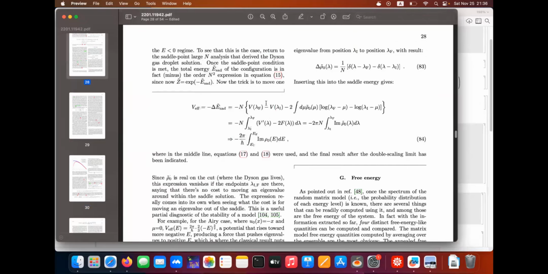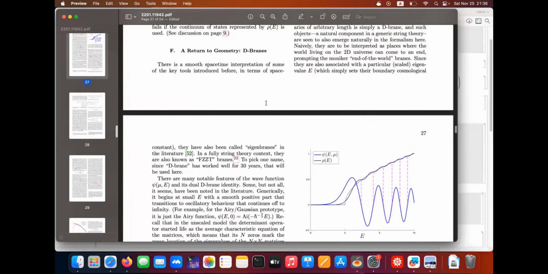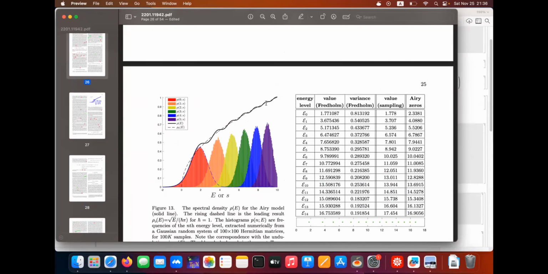The key point of this paper is to do the double scaling and to define it for the discrete case. That is, you imagine that we are dealing with an n-dimensional matrix, so it has eigenvalues.